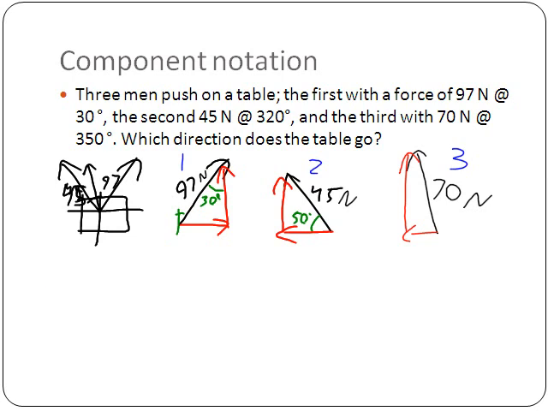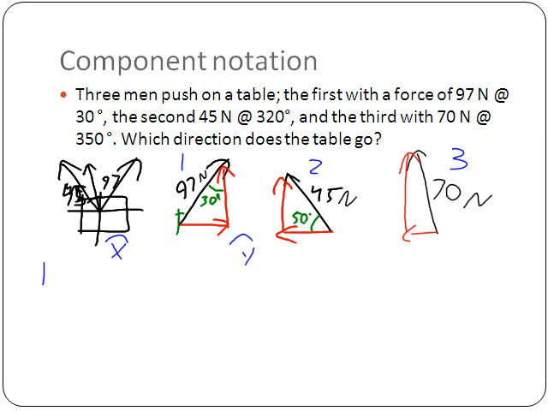For person 1, we're going to look at the x-coordinates, and then the y-coordinates. If we look at this, the x part is the opposite over hypotenuse, because the x part is the opposite side. Opposite over hypotenuse is going to be sine.